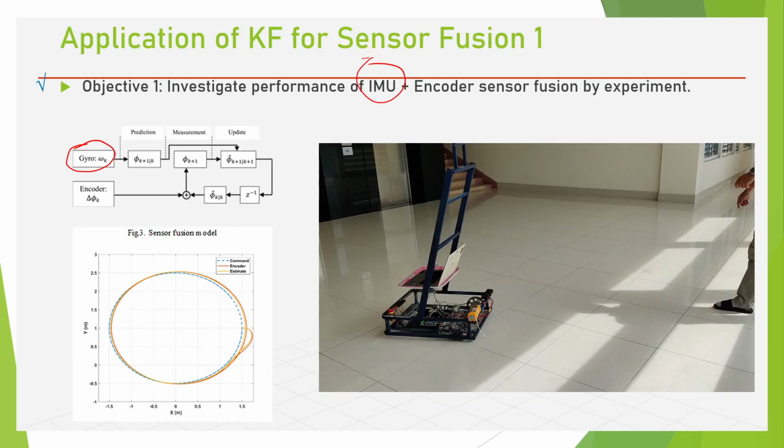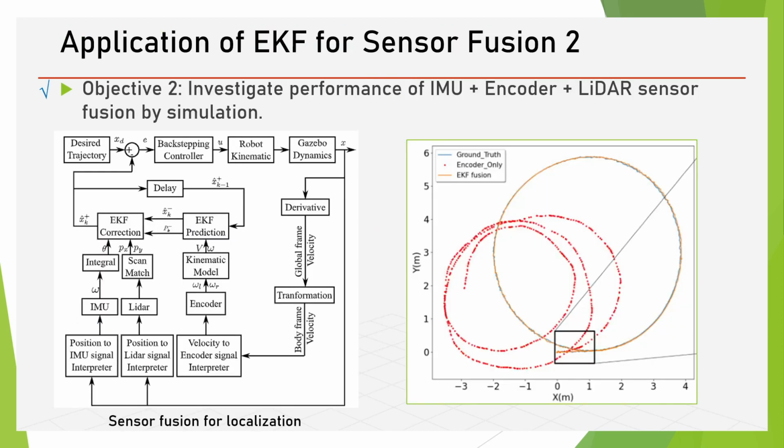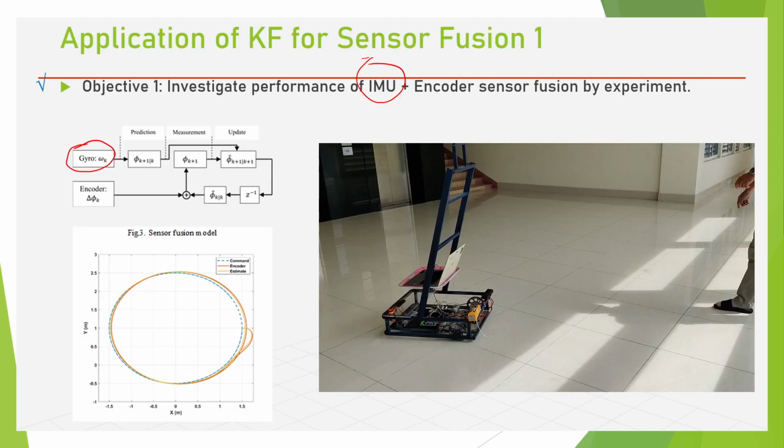So here is the application in sensor fusion one. And so why not just use the gyroscope, the IMU? When the robot is at rest, the encoder can tell us the exact zero velocity, but the IMU does not. It says a small number for velocity or angle because it has a little noise.